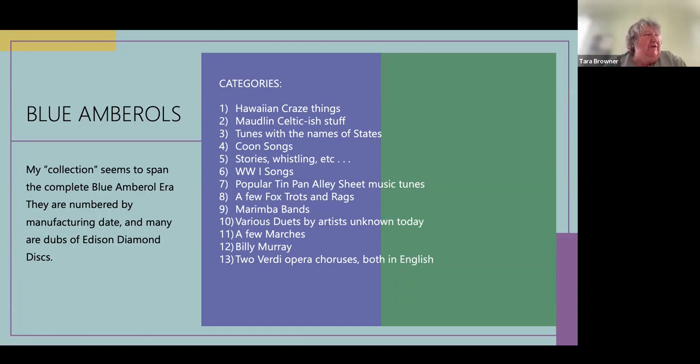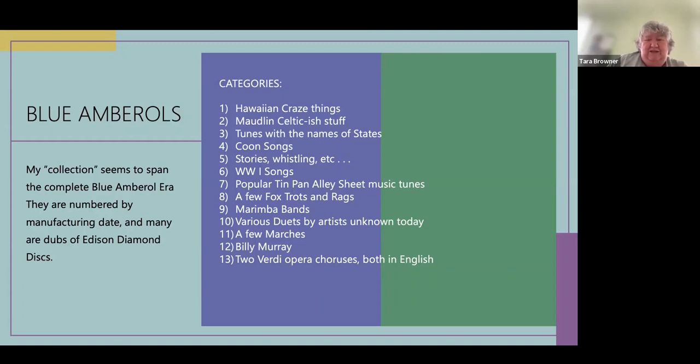And people in the Phonograph Society and the Record Society have said the most valuable Edison records, or Edison cylinders, are the ones numbered 5,000 and above, that are foxtrots. And I can understand why they're valuable, because there aren't very many of them.